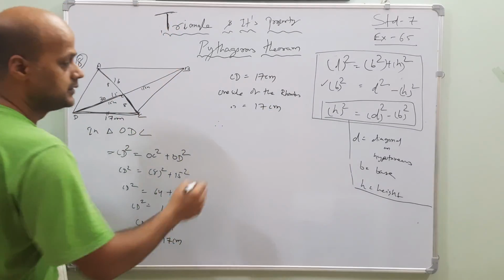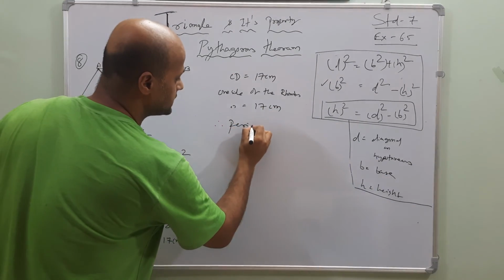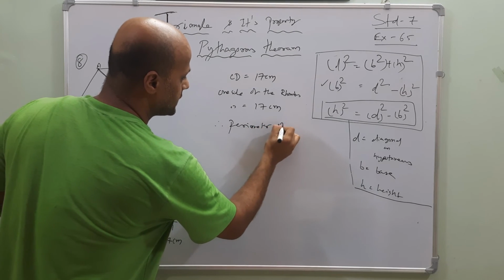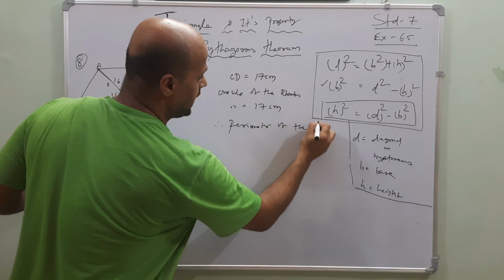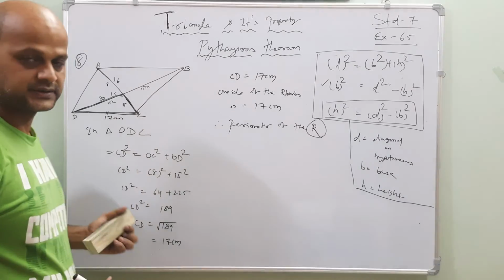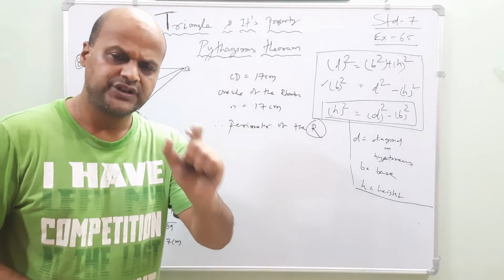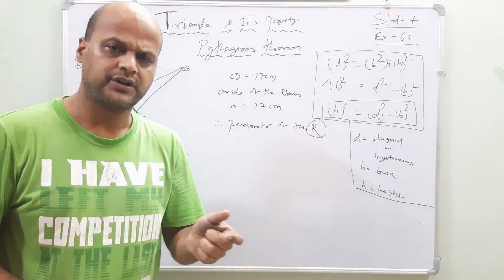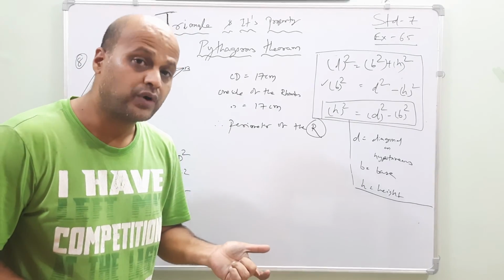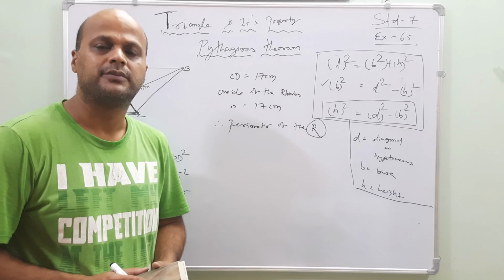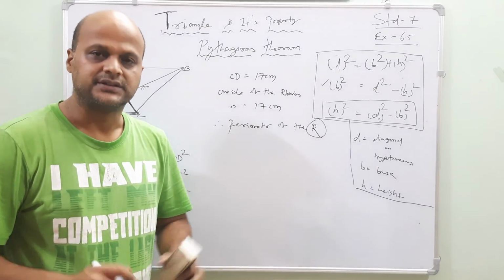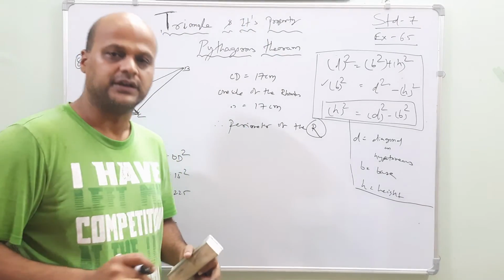Therefore, perimeter of the rhombus, I am writing as R. What is the meaning of perimeter, my dear friends? Yes, the outer boundary.